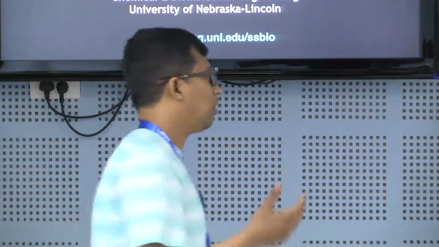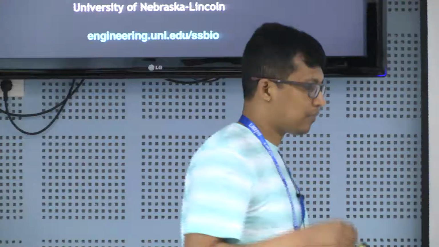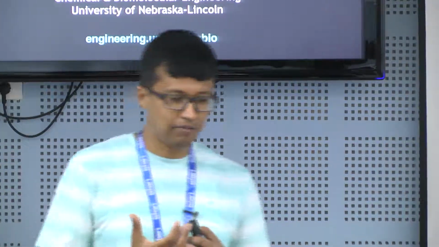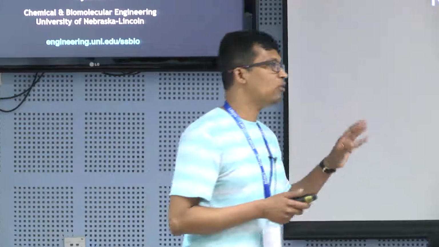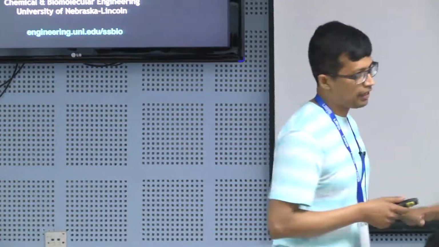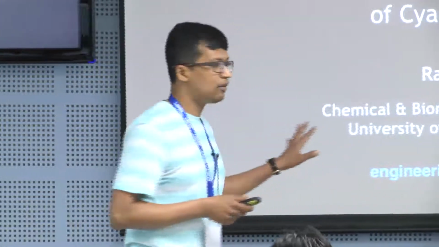We are kind of going back and forth about the model development. You have definitely seen me talking about models from a generic context, if you remember. I started with how you can develop a model, and then how you can develop a model for a photosynthetic microbe. For this lecture, I will limit myself to just cyanobacteria.